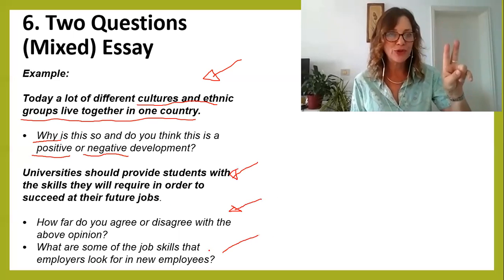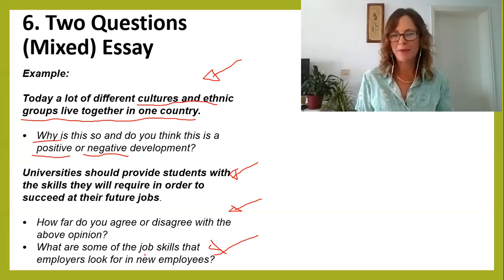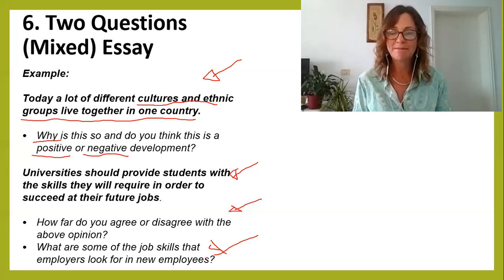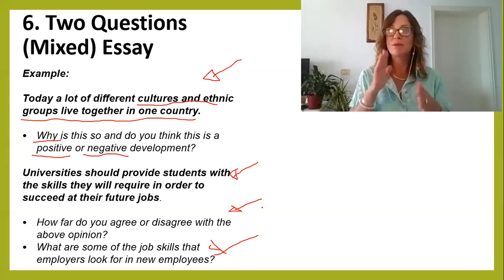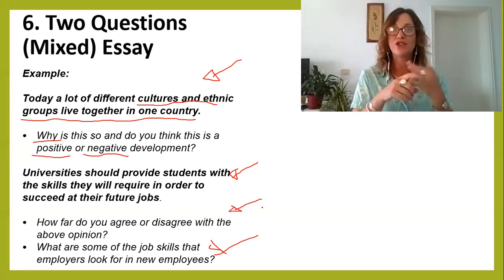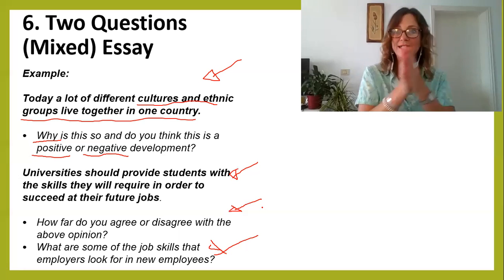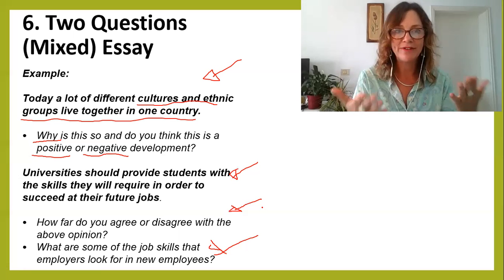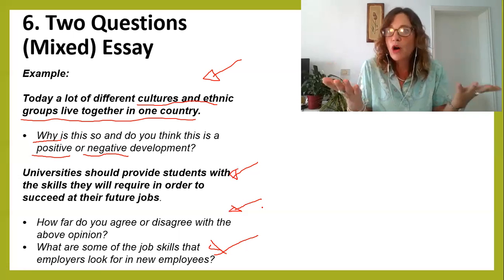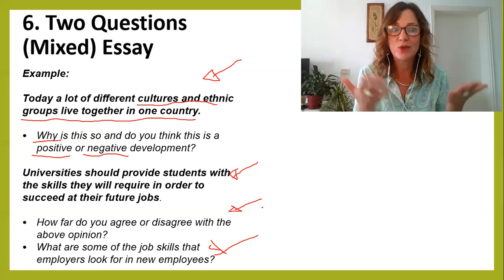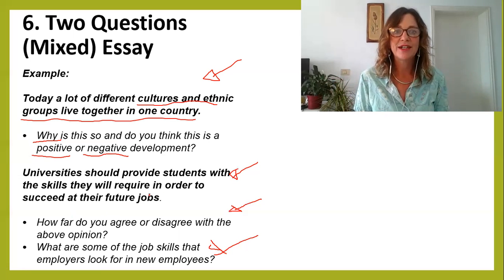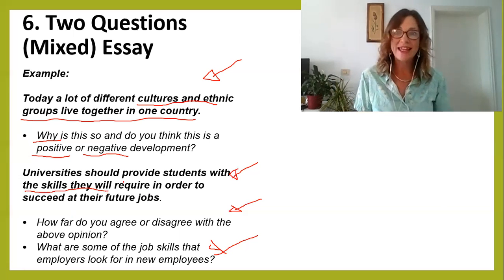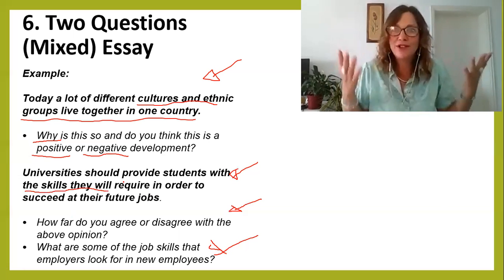And 2, what are some of the job skills that employers look for in new employees? Okay, so again, you need to not only agree or disagree with the opinion, but you also need to give more information. For example, what are some of the job skills that employers will look for? They've mentioned they will require skills. And now in this exam, you have to say what those skills are.